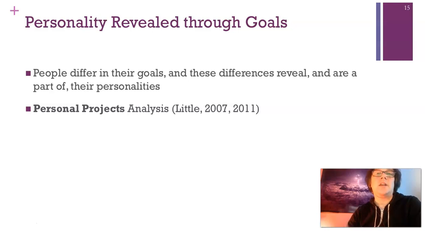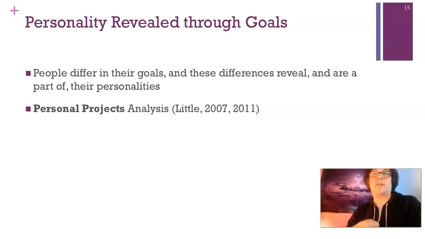What he had participants do was first generate a list of their personal projects, as many or as few as they deemed relevant, projects that would help them attain their goals. On average, most people listed about 15 personal projects that are currently important in their daily lives, to help them reach their goals.